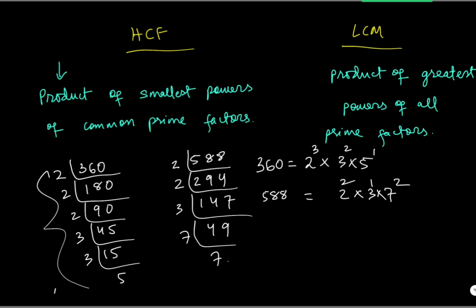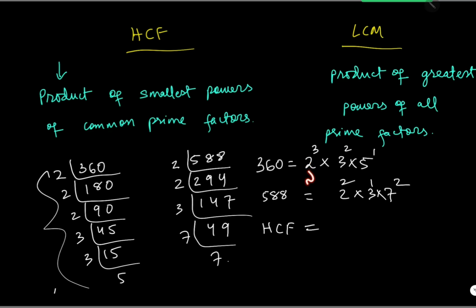And if I were to find the HCF of these two numbers, the definition says that I have to consider the smallest powers of common prime factors. That means I have to check what the common prime numbers are in the canonical decompositions of these two numbers.